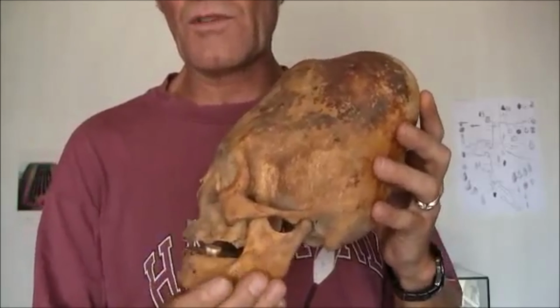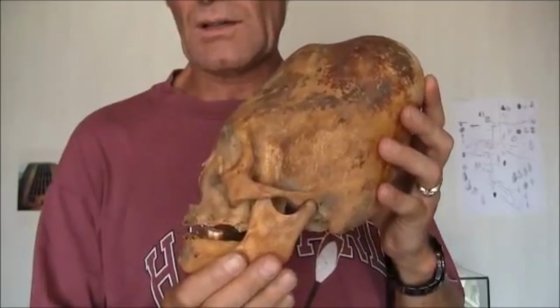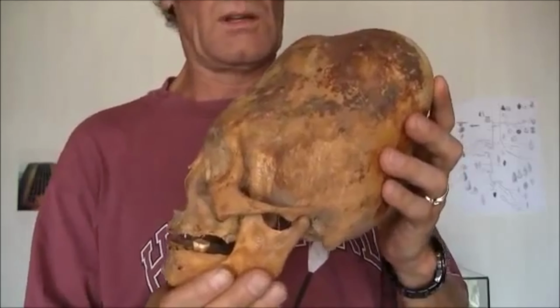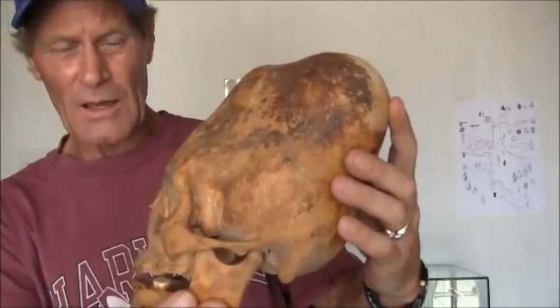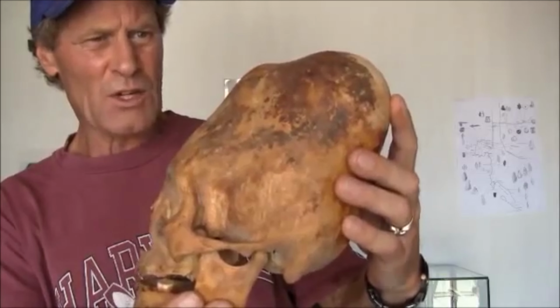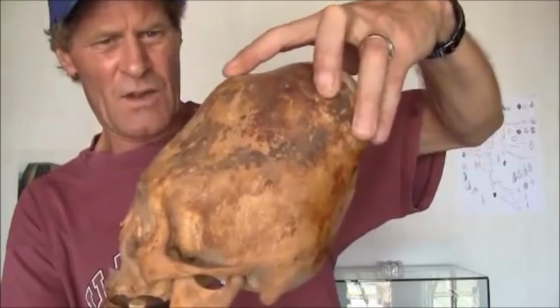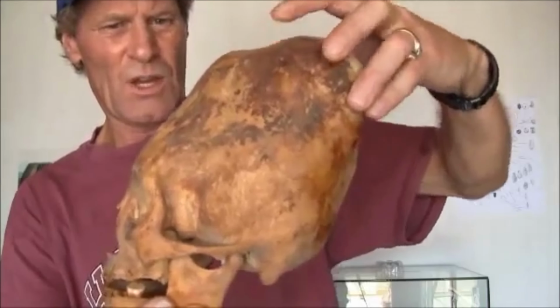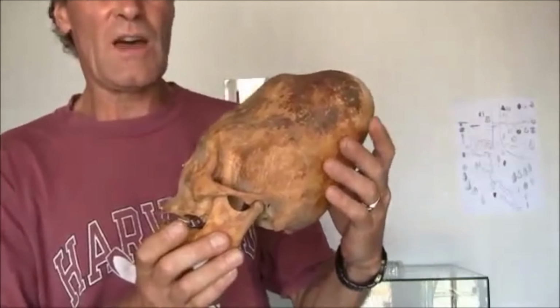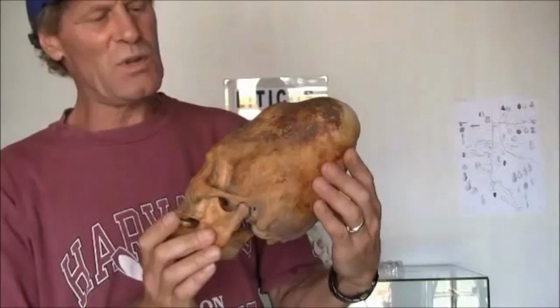That is not a normal feature in a normal human being. Now the shape clearly could have been achieved via deformation, because we can see this obvious transformation here. However, it's the volume and the fact that there are hundreds of examples of this.